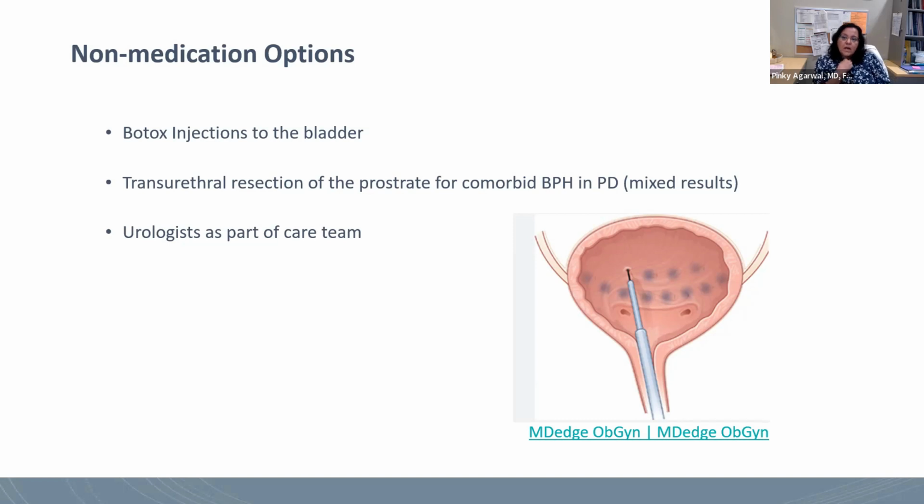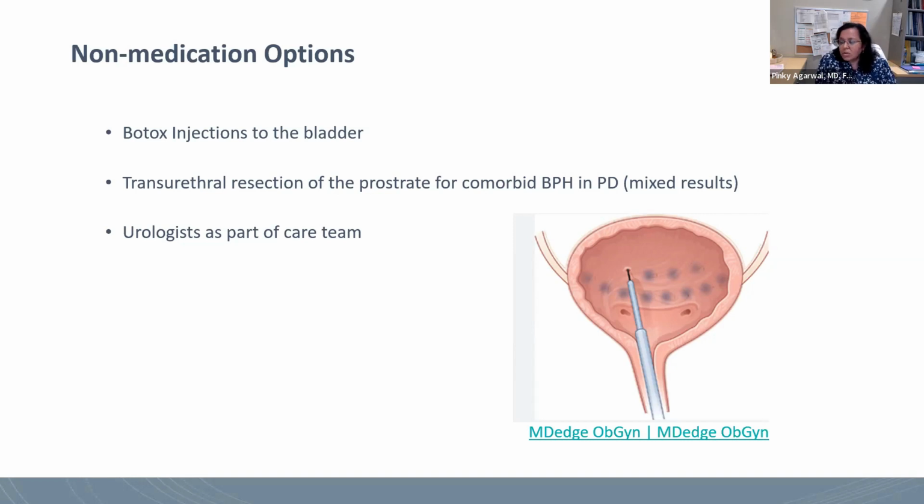Now, sometimes patients with Parkinson's, in addition, have an enlarged prostate. And then the question comes up, should they have the prostate surgery or not? So you have to rule out Parkinson's plus if you're going to do prostate surgery. There is a particular Parkinson's plus condition called multiple system atrophy, or MSA.